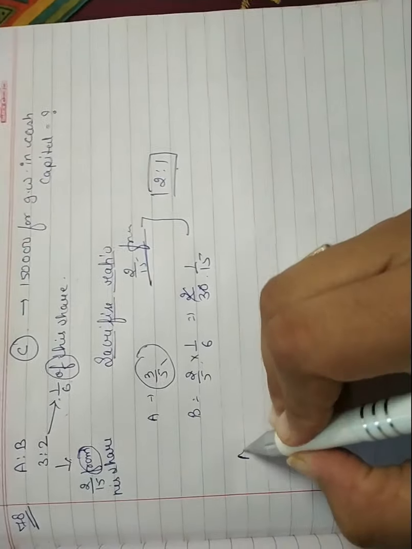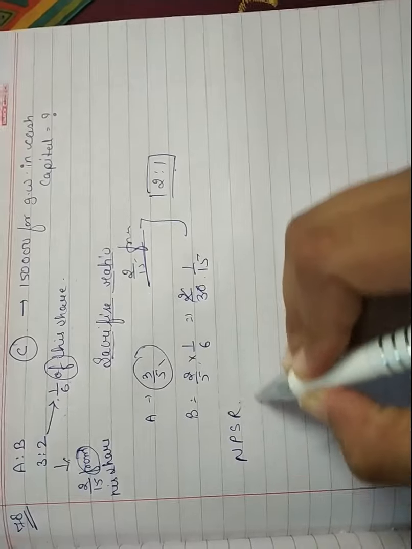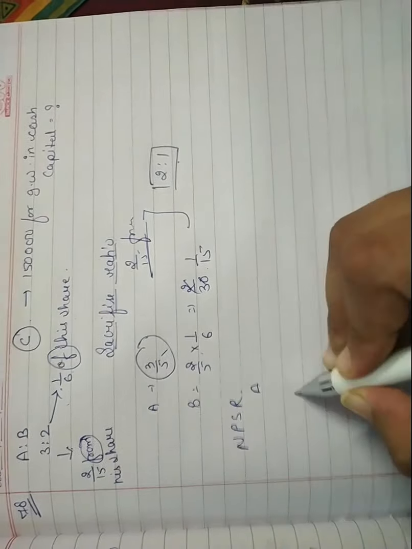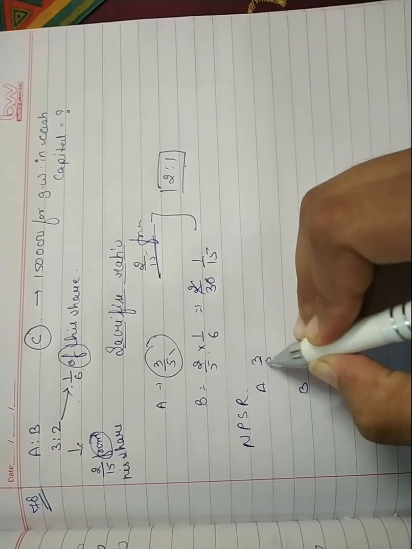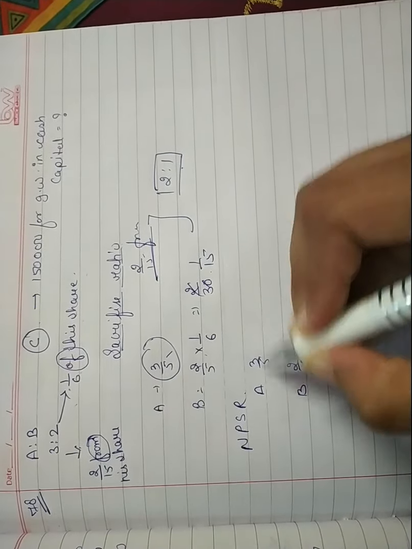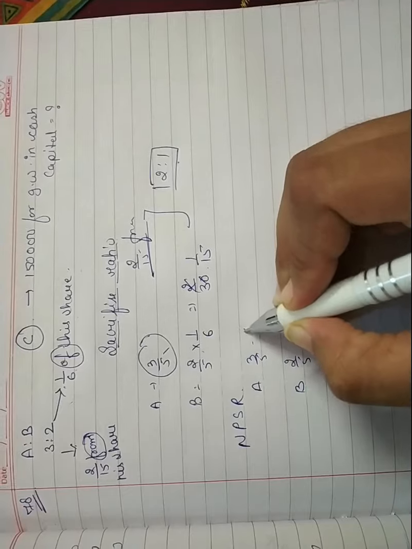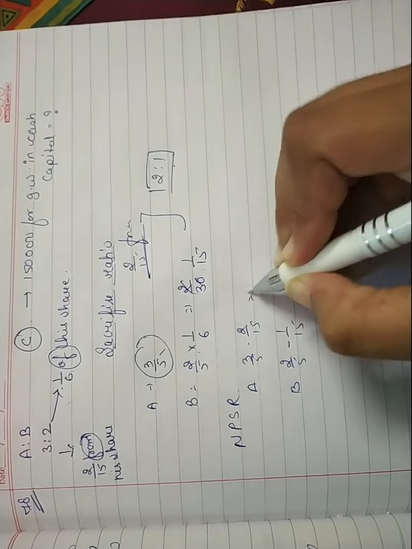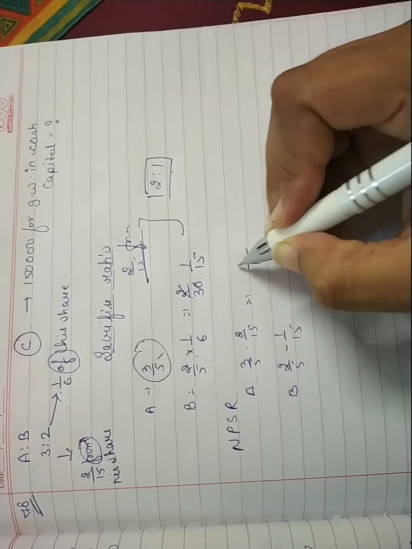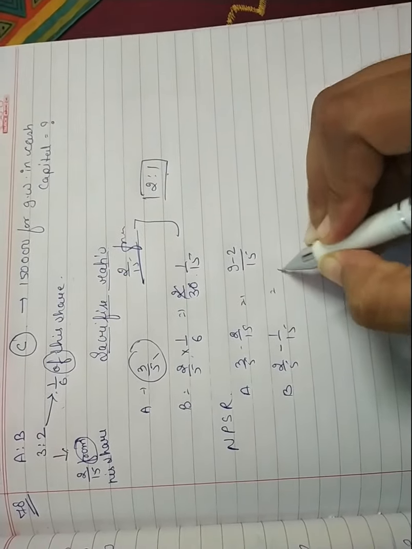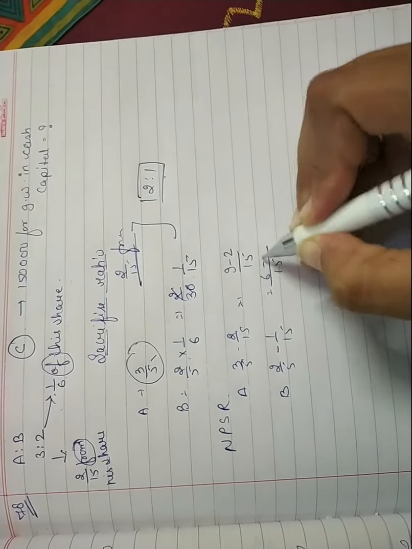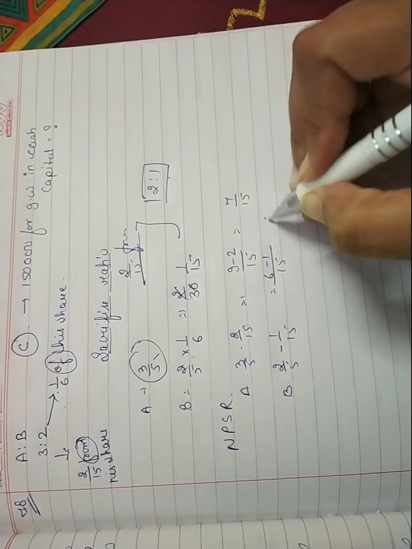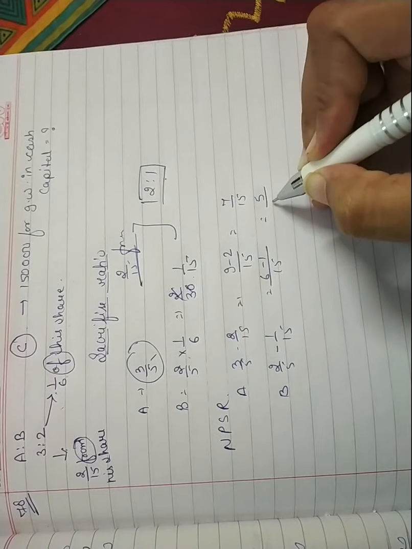Now we need to calculate NPSR. A and B, their old ratio was 3 by 5, 2 by 5. A is sacrificing 2 by 15 and B is sacrificing 1 by 15. So 9 minus 2, 6 minus 1, and the new ratio will be 7 upon 15, 5 upon 15.